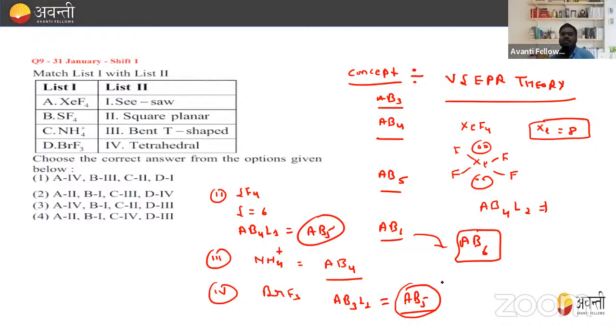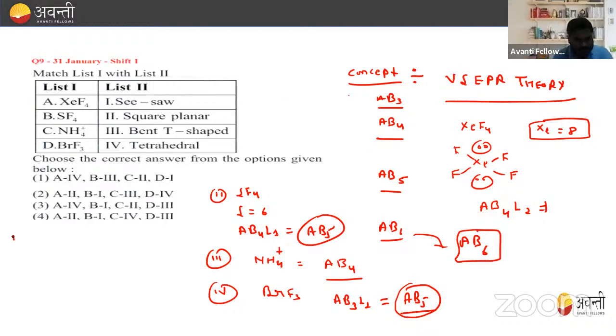Now, when we know that the molecule lies in the category of AB5, AB4 or AB6, we can draw the shape of the particular molecule. How can we draw it, beta? Let's see this.